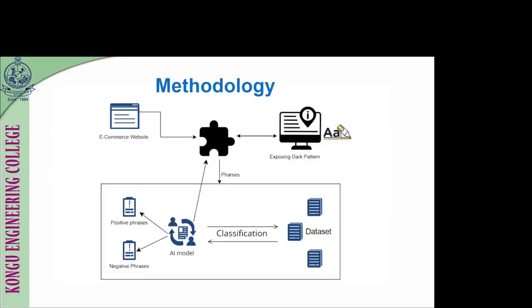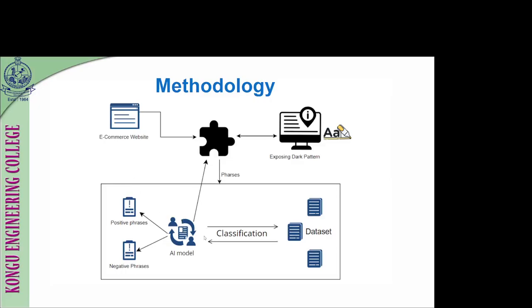So as I said, here is the methodology. In this flow, the e-commerce website data will be scraped by the extension, which has a scraper inside our model. It will scrape all the data from the website. Then the elements or data are sent to our model.